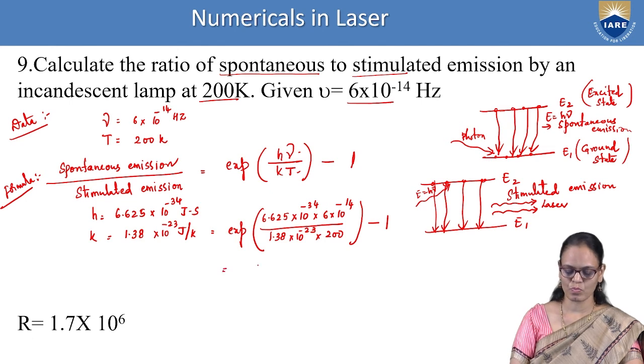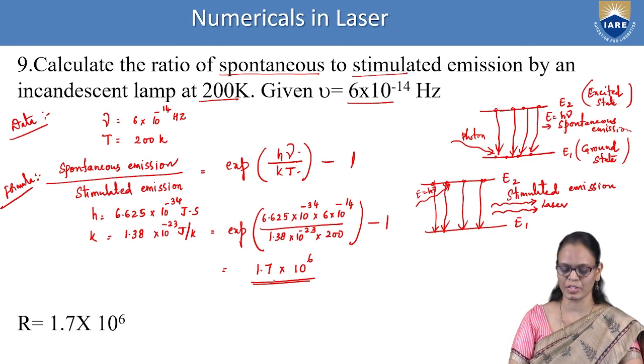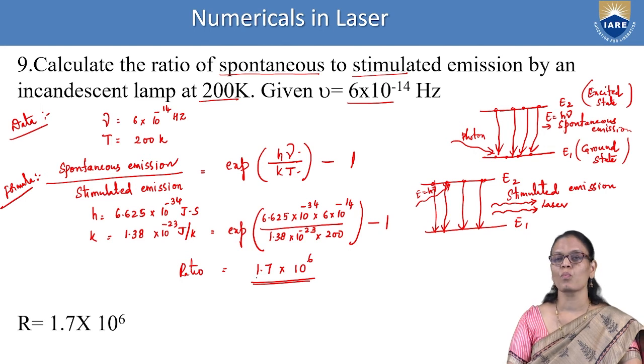So that gives us 1.7 into 10 power 6. So this is the ratio of spontaneous emission to stimulated emission. The ratio will not have any units because it's a ratio of two similar quantities. So the ratio is given by 1.7 into 10 power 6.